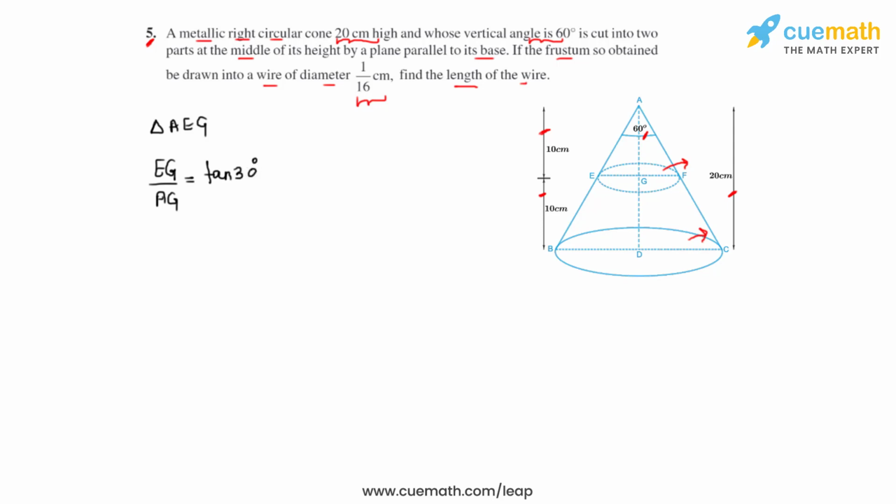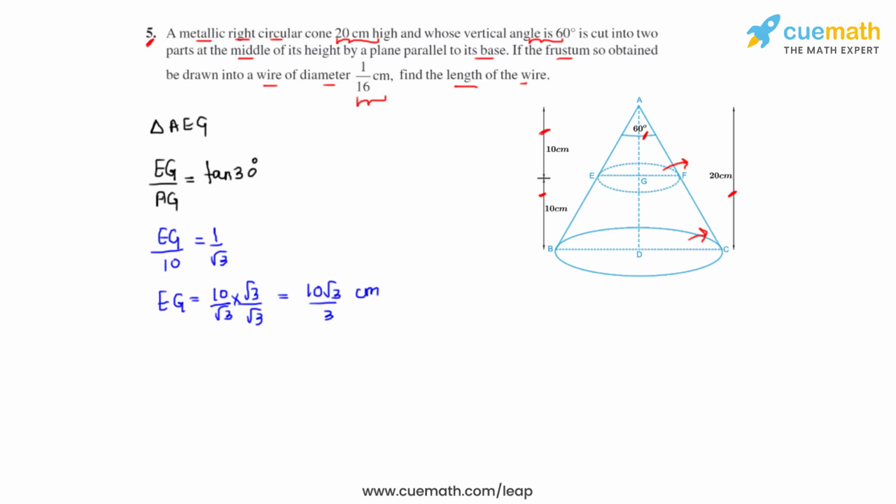Let's substitute the values which we know. EG by AG, which is 10, equals 1 over root 3. So we get the value of EG to be equal to 10 root 3. Now if we rationalize it, that is, multiply numerator and denominator by root 3, we get the answer as 10 root 3 by 3 centimeters.